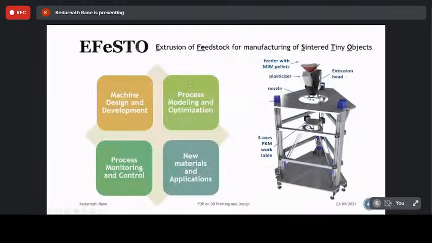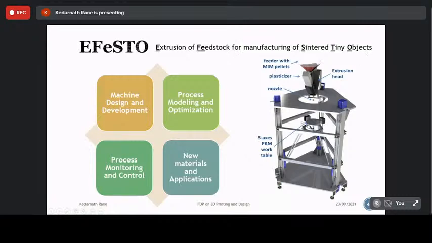So I am going to cover some of my previous work now, which is a project called FSTO. I performed this work at Politecnico di Milano during my postdoc. It is the system called extrusion of metal feedstock for manufacturing of sintered tiny objects.